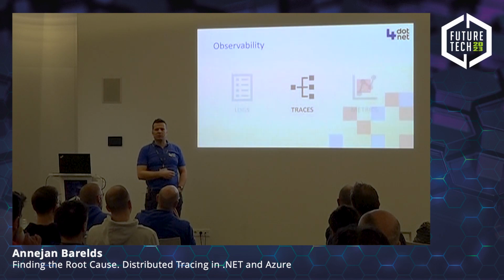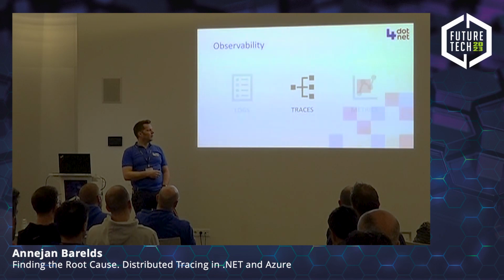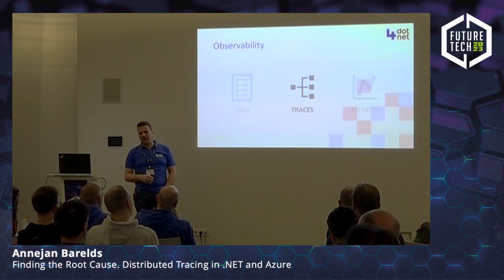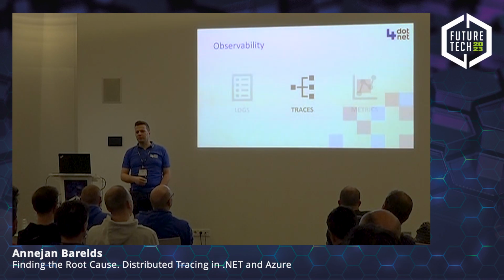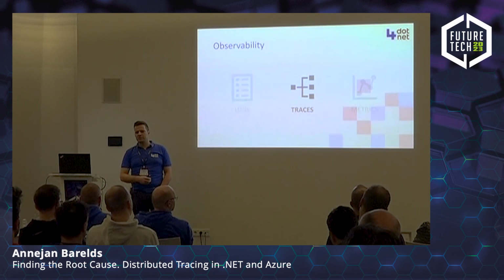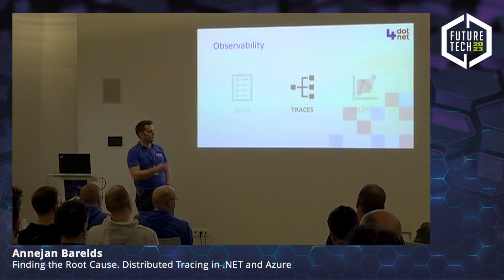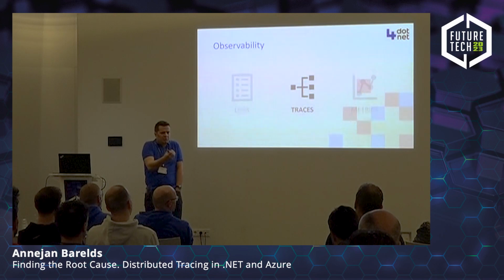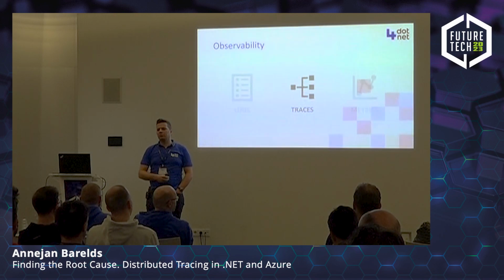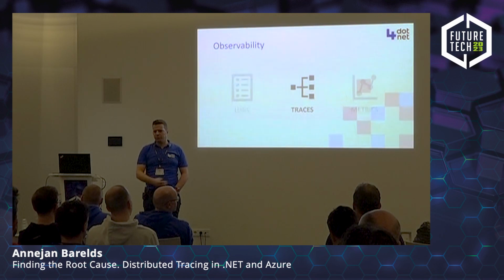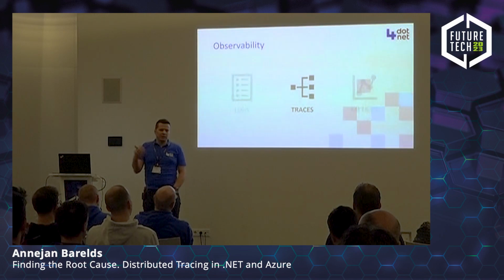Those would be the things that you would want to log. And metrics typically are aggregated data points, numbers, technical ones such as processor usage, memory usage, but also functional ones, numbers of orders processed or numbers of mouse clicks maybe.